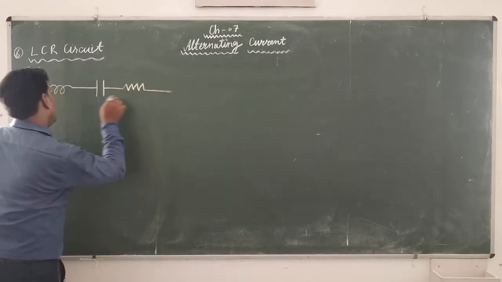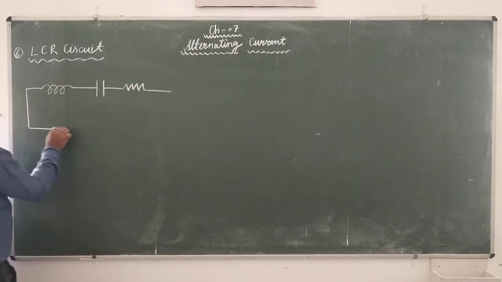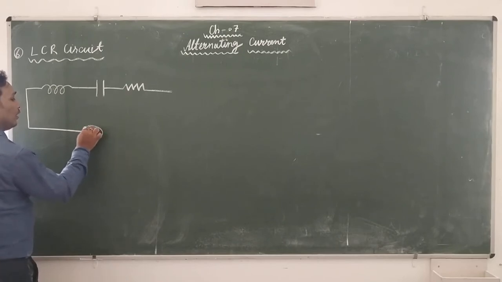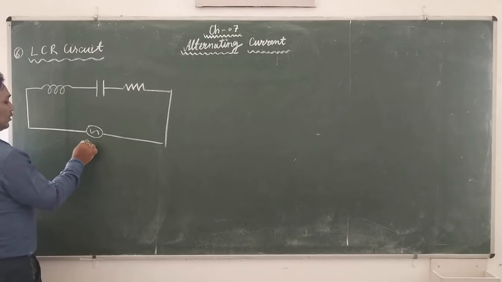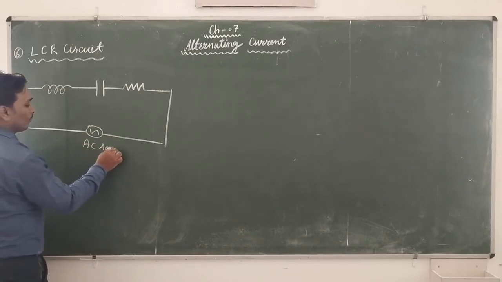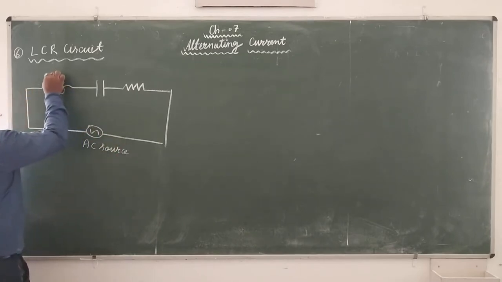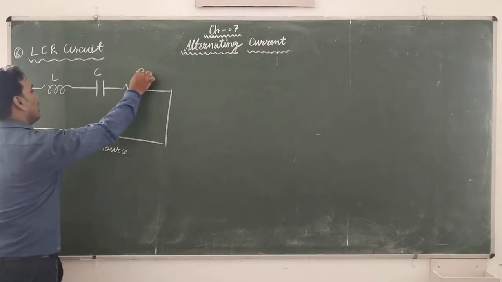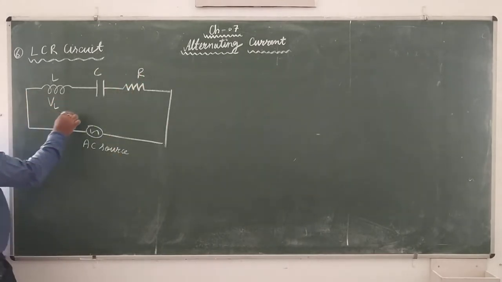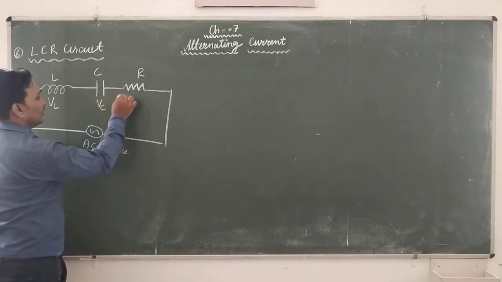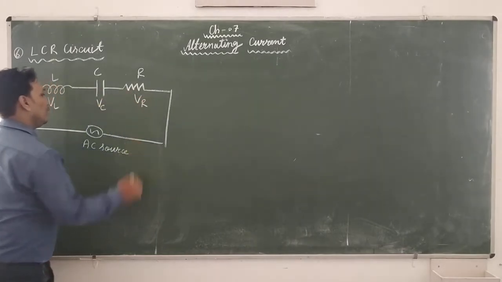Order doesn't matter; you can connect any one before or after, no problem. So this will be your AC source. This is your L, this is your C, this is your R. Voltage across L is VL, voltage across C is VC, voltage across R is VR.